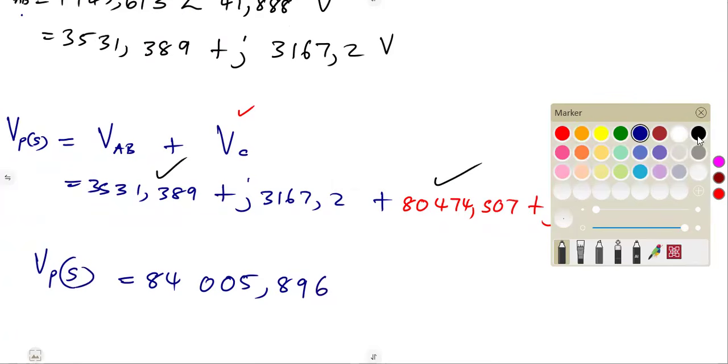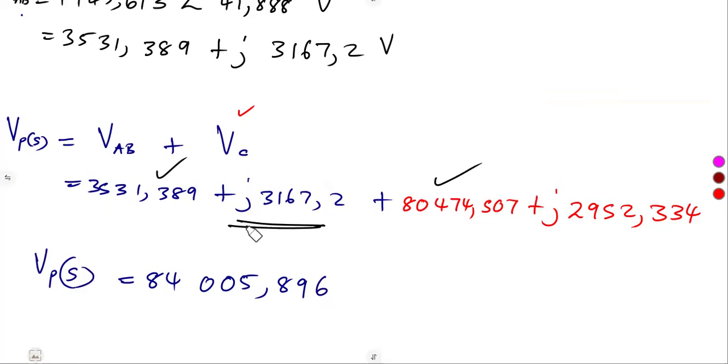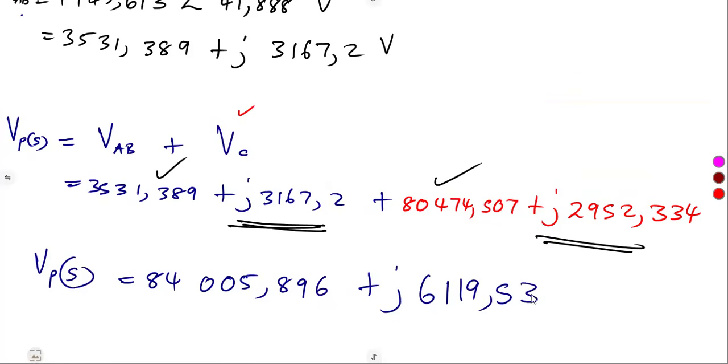We add the j part together. So we've got the j part and this j part. Combine those together. That was going to give us 6,119,534. So that is what we're going to have at the end for the sending end.